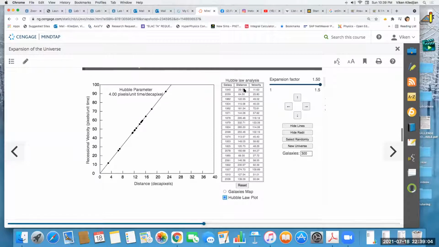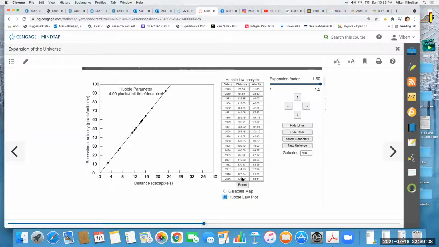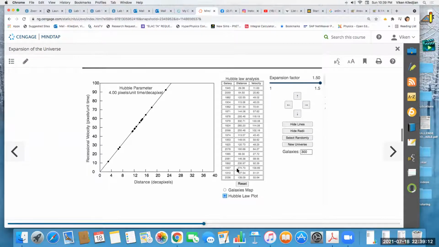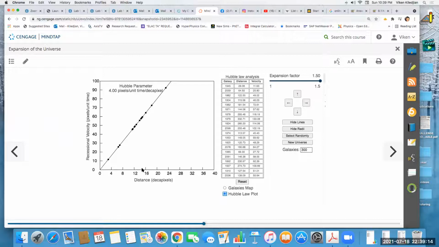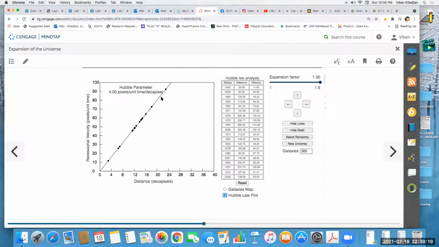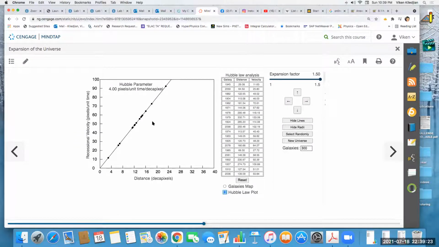Probably what happened is that these numbers here are in megaparsecs and these are kilometers per second, but they changed that to decapixels here and pixels. So they converted them somehow in the program, and then they made it into a graph. Okay, you know what? That's fine.